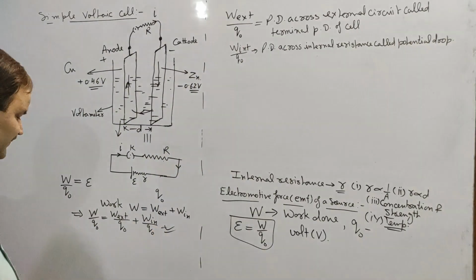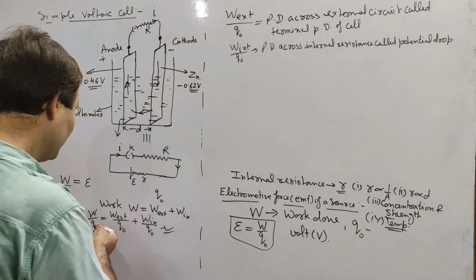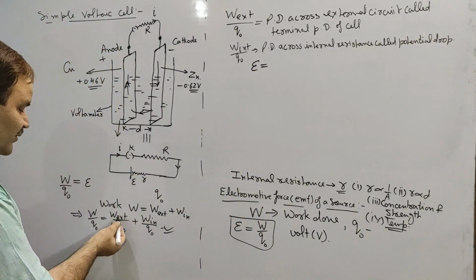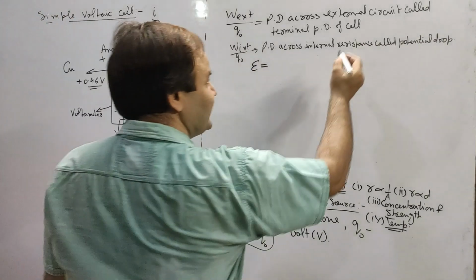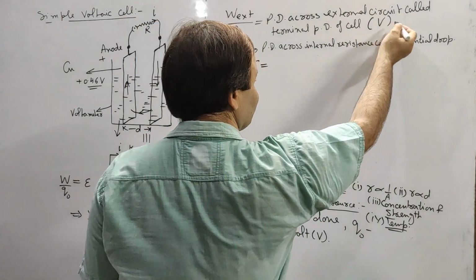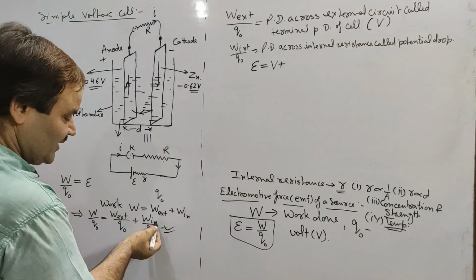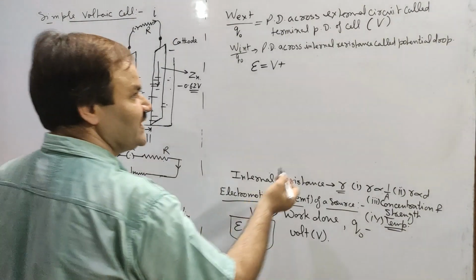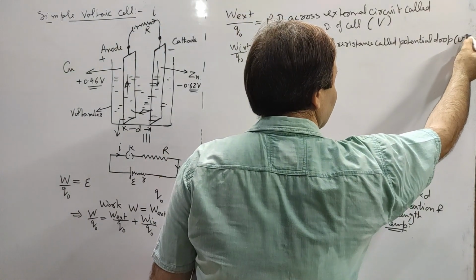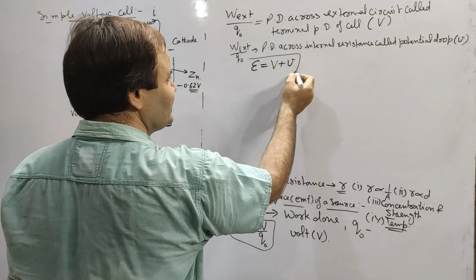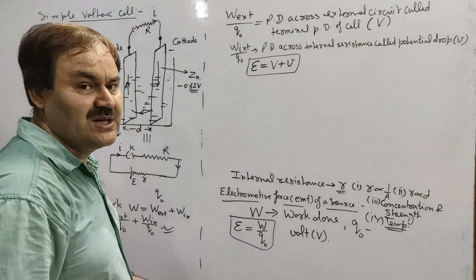Using this expression, W by Q naught, that is EMF, is equal to W external by Q naught, that is terminal potential difference represented by capital V, plus W internal by Q naught, that is potential drop represented by small v. So we will get the relation E is equal to V plus v.